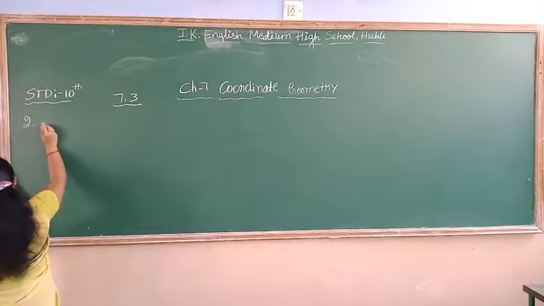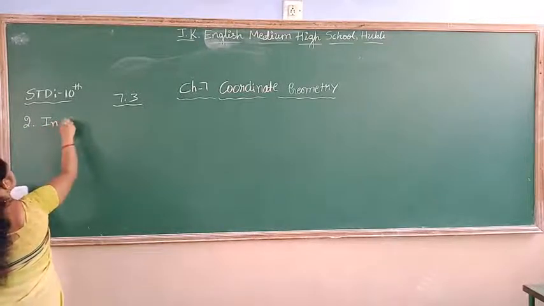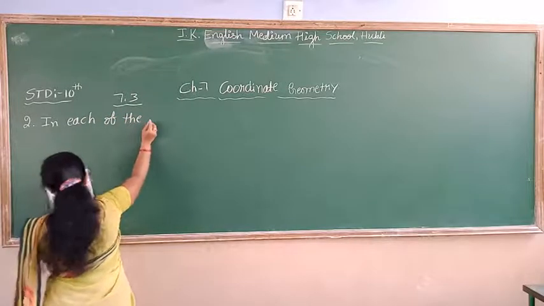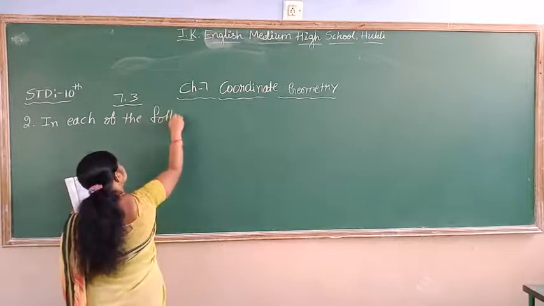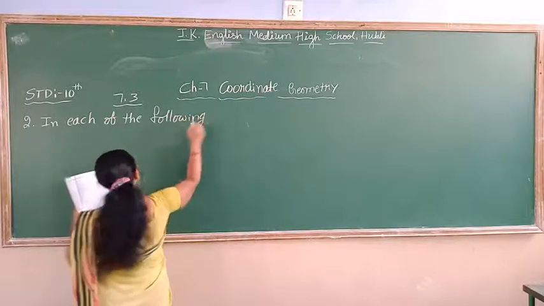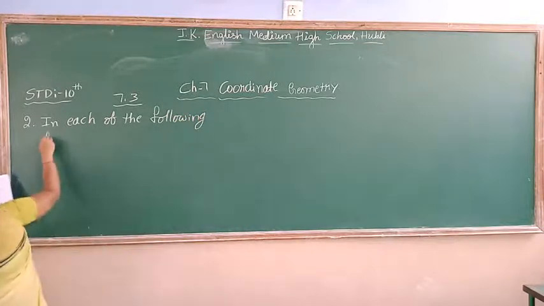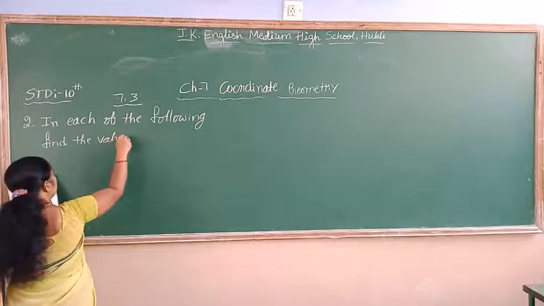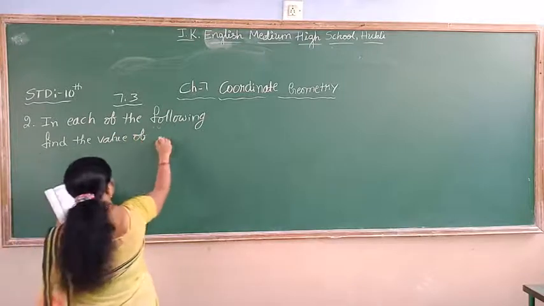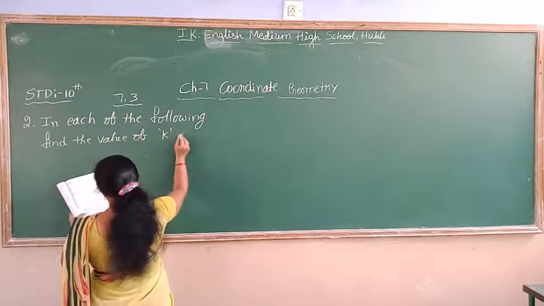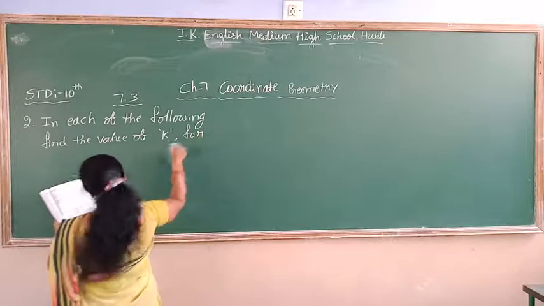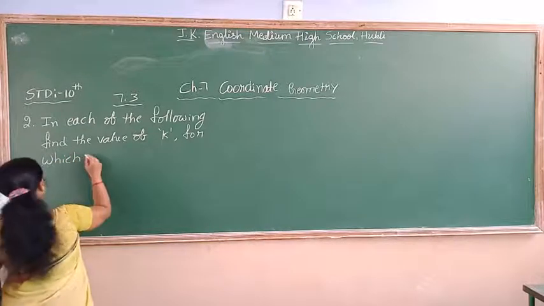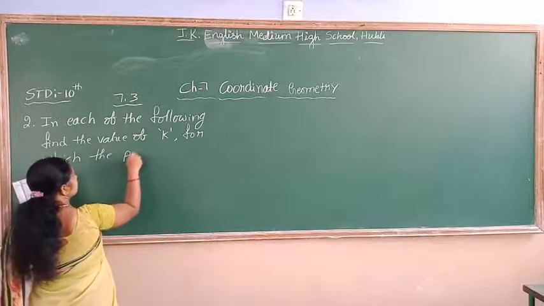Second way meaning: in each of the following, find the value of k, the variable, for which the points are collinear.